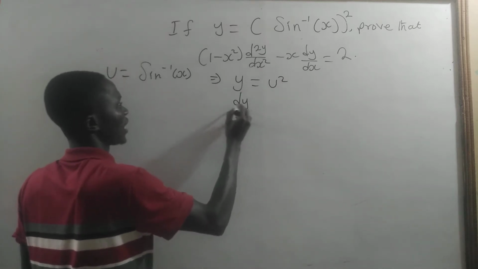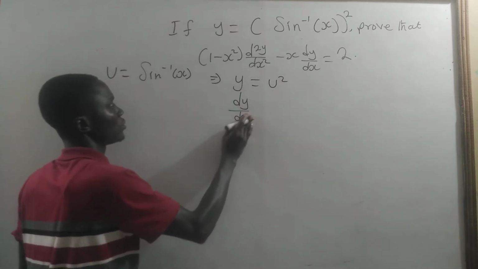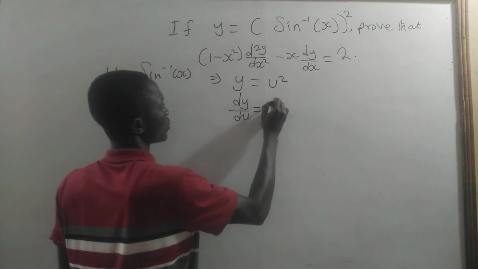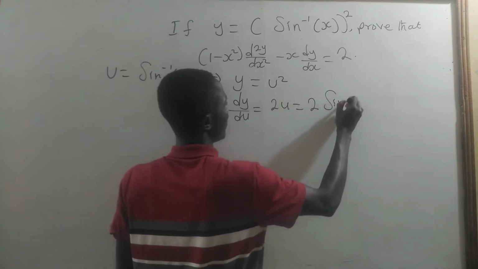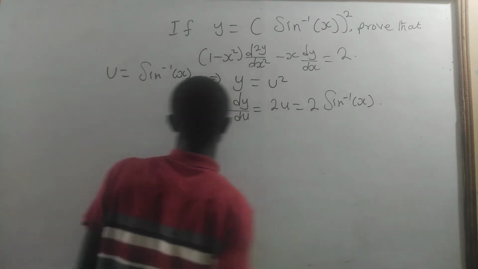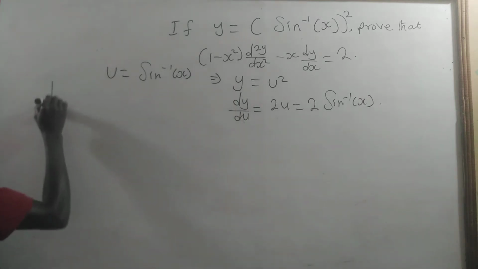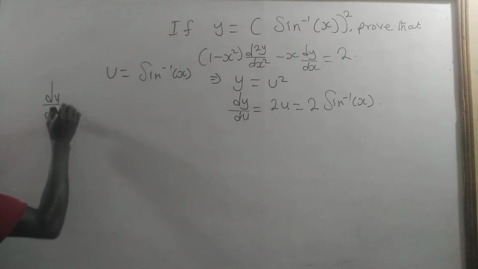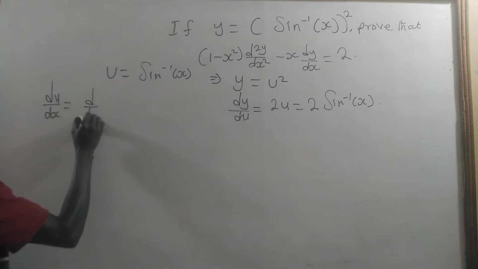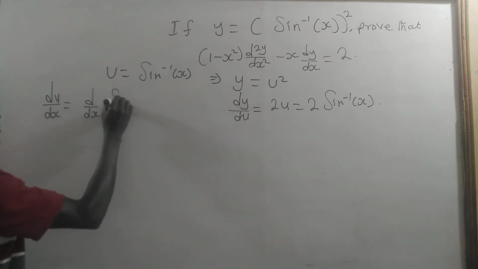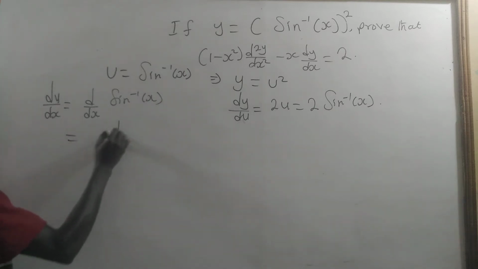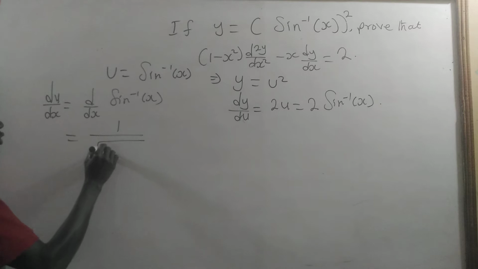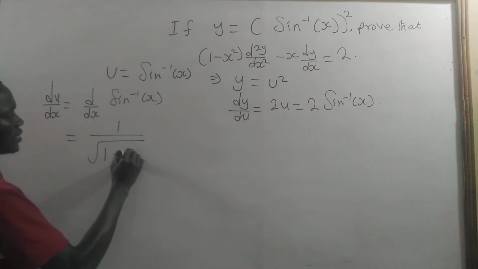The derivative of y with respect to u equals 2u, which is equal to 2 times the inverse sine of x. And here, the derivative of u with respect to x equals the derivative of the inverse sine of x with respect to x, which is equal to 1 divided by square root of 1 minus x squared.